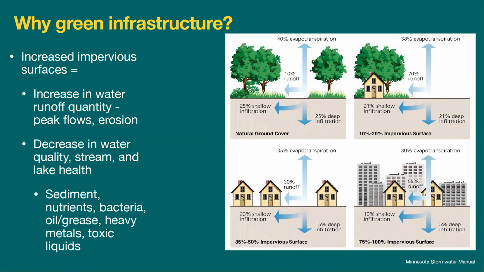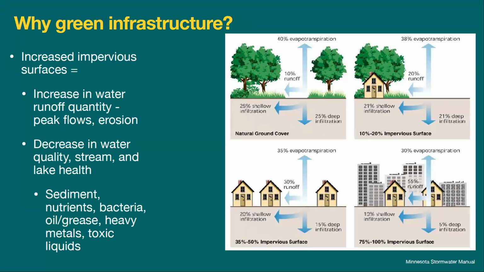But even so, you can double the runoff, even just with 10 to 20% impervious surface. So, peak flow means more erosion. It also decreases water quality and stream and lake health.